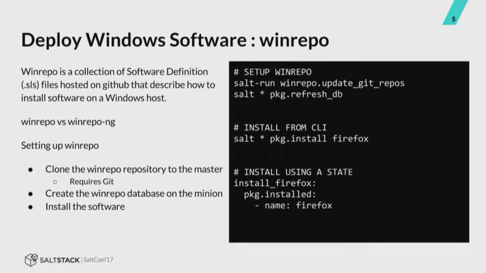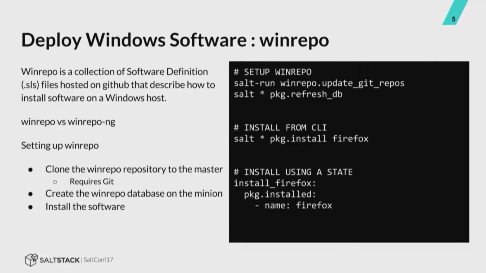So what WinRepo is, it's a couple of repositories on our GitHub that have software definition files that tell Salt how to install a piece of software on your system, okay? And the way you set this up, on the master, you use a runner, salt-run winrepo.update_git_repos, and that will pull the GitHub repositories down onto the master.